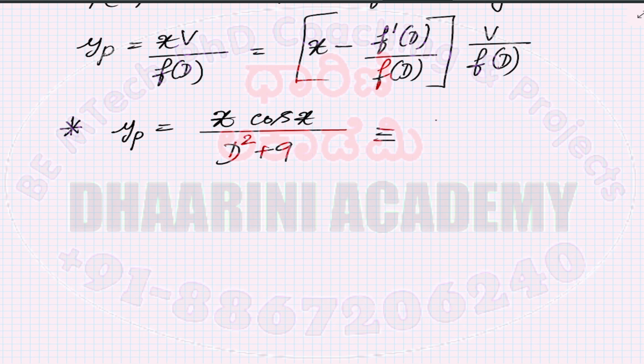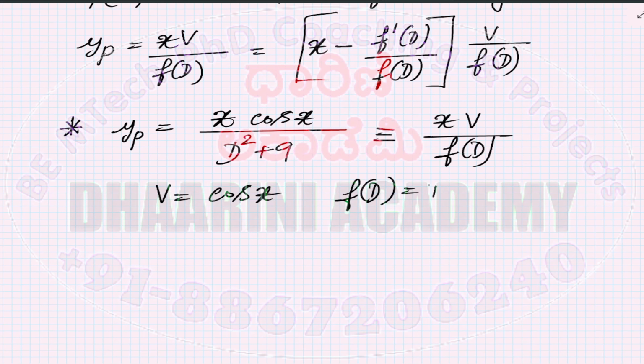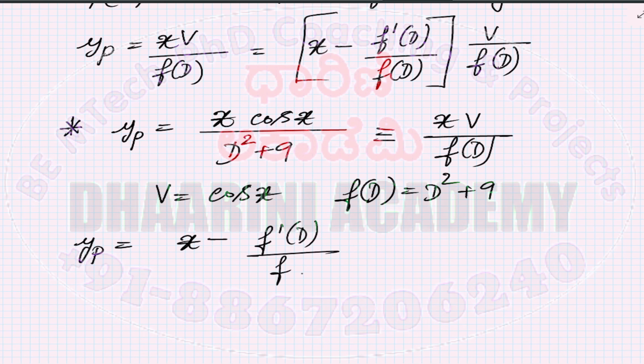We need to compare this with x into v divided by f of D. So v becomes equal to cos x, f of D becomes equal to D square plus 9. All right, so we know that yp becomes equal to x minus f dash of D by f of D multiplied by v.